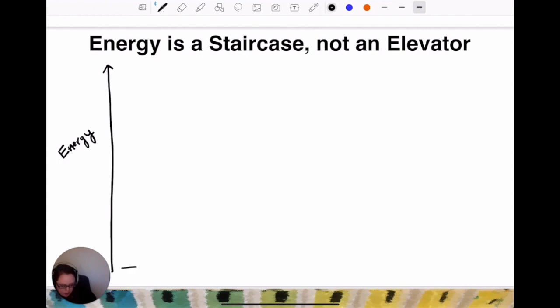We have individual allowed energies that can occur. And then the gap in between each of these states is Planck's constant times the frequency of that radiation.